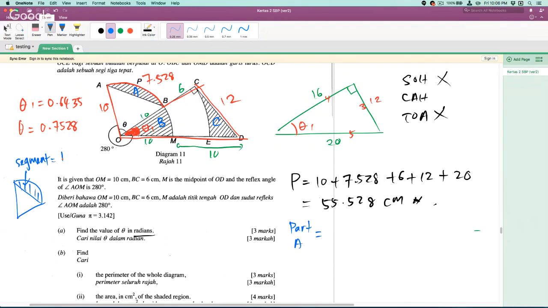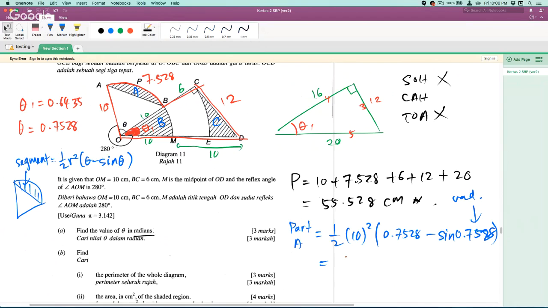The formula for a segment is 1/2 r squared times (theta minus sine theta). If you understand this formula, you can straight away do 1/2, r is 10 squared, theta is 0.7528 minus sine 0.7528. But you must be very careful, because this is in radians. You have to always make sure you calculate in radians.